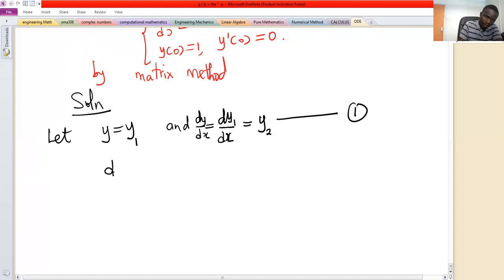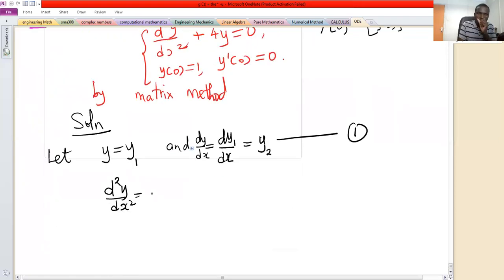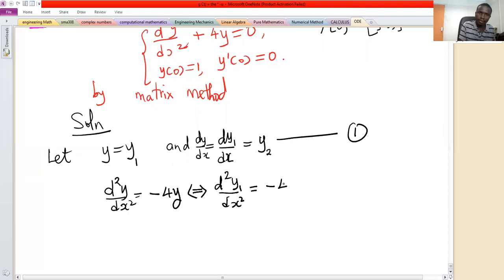And then d squared y dx squared, according to the equation, is given by minus 4y. But this is the same thing as saying d squared y1 dx squared is the same as minus 4y1, because we've said that let y to be y1.